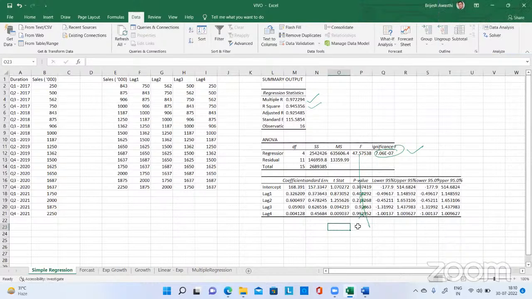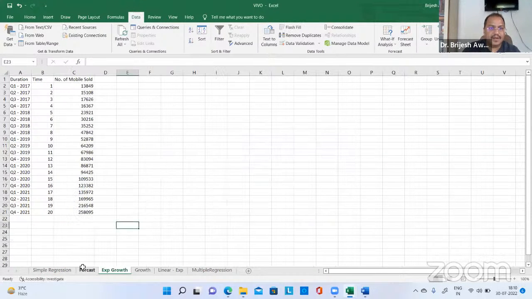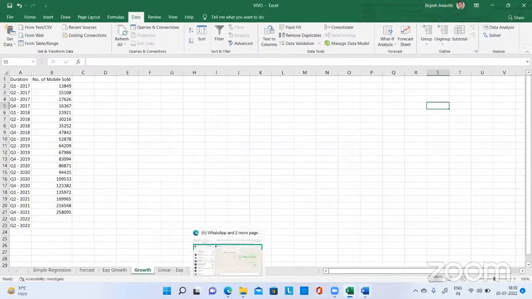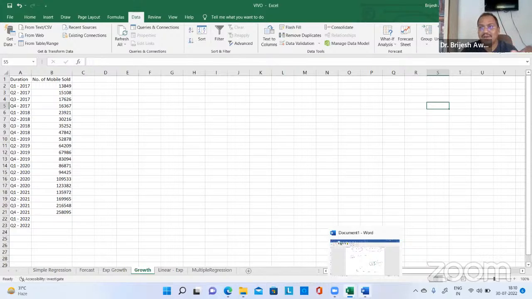We want significant values. At least 2 or 3 values must be significant. Agreed? Okay, no issue. We have another data. So was it the problem of the auto regression or the data? This is a problem of our data. My data is not going to support auto regression.